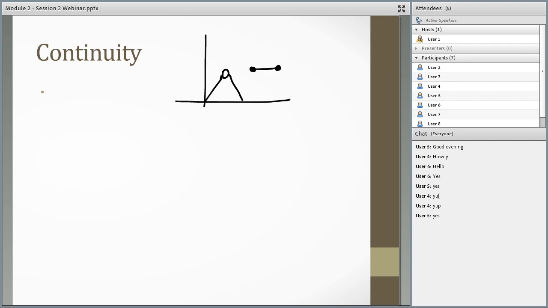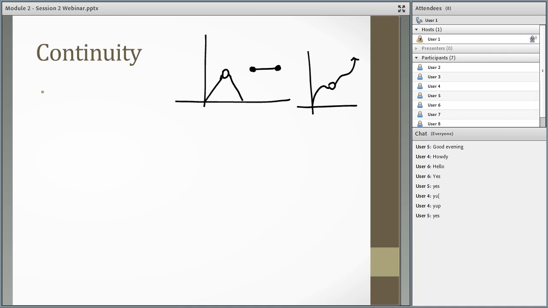We had filled in circles, something like that. This is discontinuous, like this. The hole that's in the graph gives us a discontinuity. So these are two examples of a discontinuous graph.